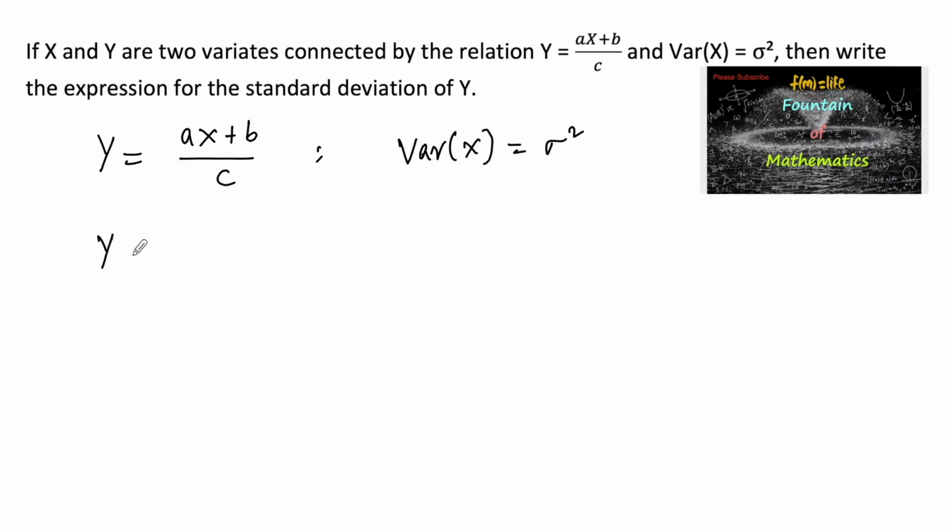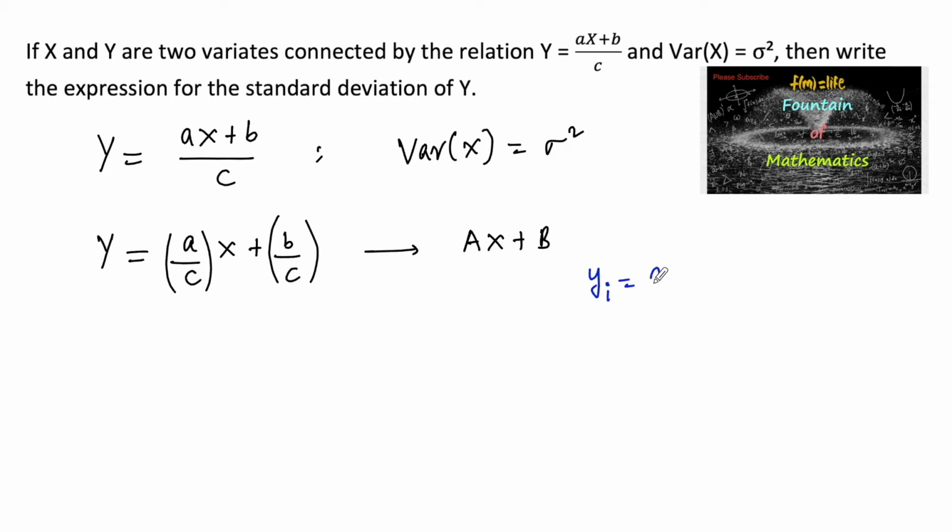So we can write the variate y is equal to a upon c of x plus b upon c, which is in the form of ax plus b, since we know that if any value of the variable y is connected with the variable x in such a way that yi is equal to axi plus b, then the variance of the variable y is equal to a square into variance of the variable x.